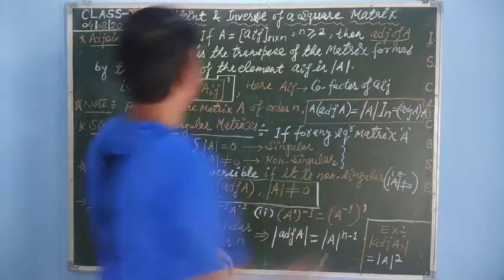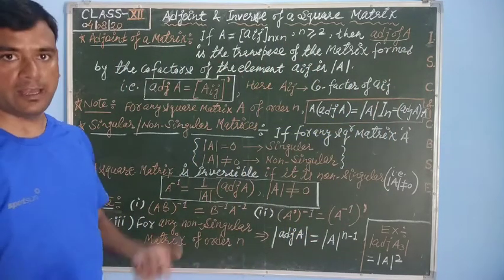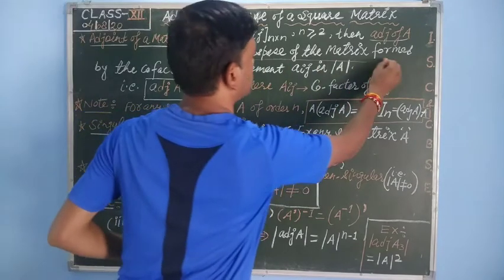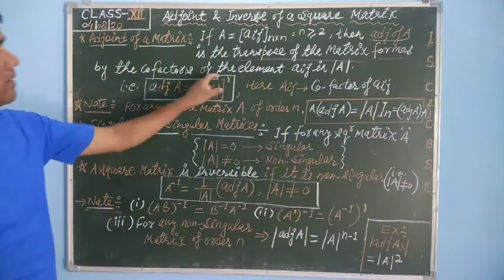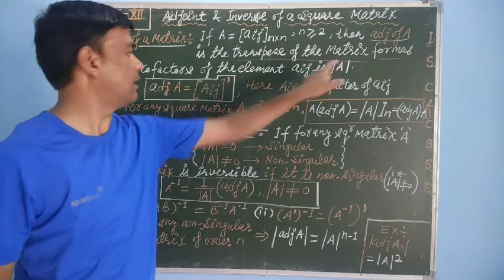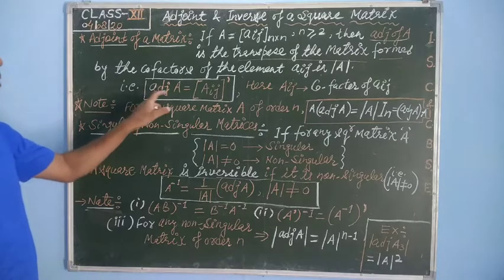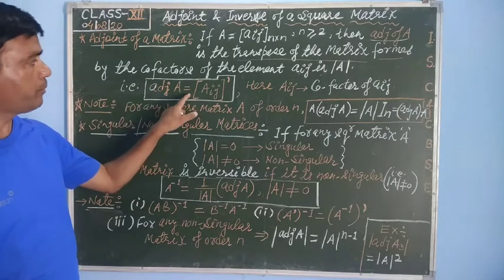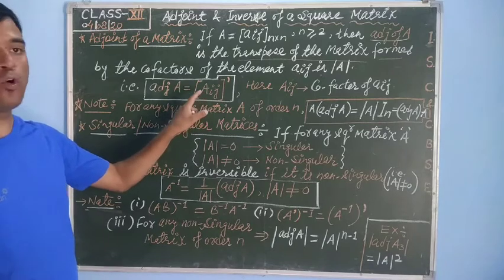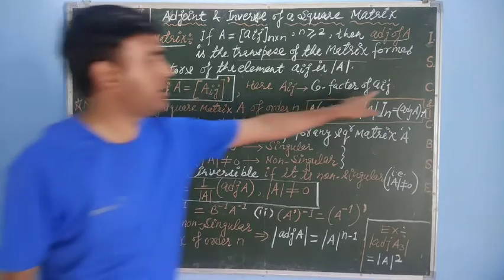the adjoint of a matrix A is defined as the transpose of the matrix formed by the cofactors of the element Aij in determinant A. That is, the adjoint of any square matrix is equal to the transpose of the matrix formed by the cofactors of the element Aij.